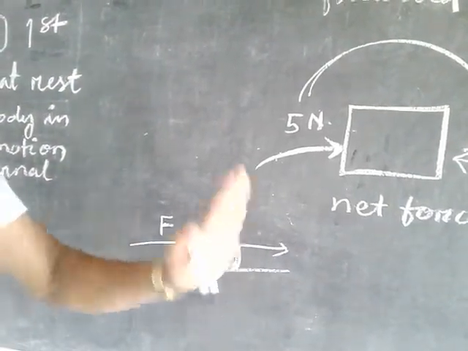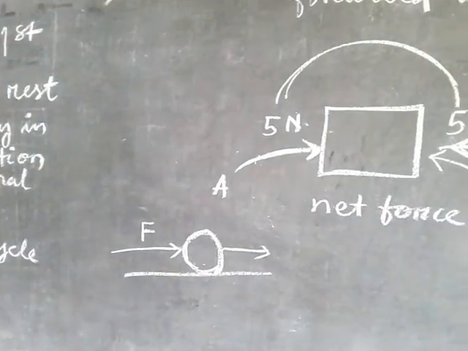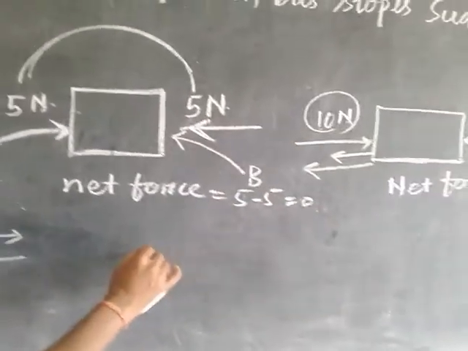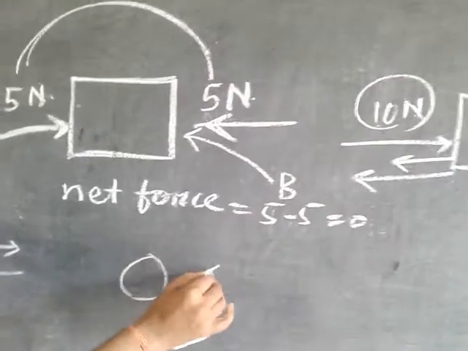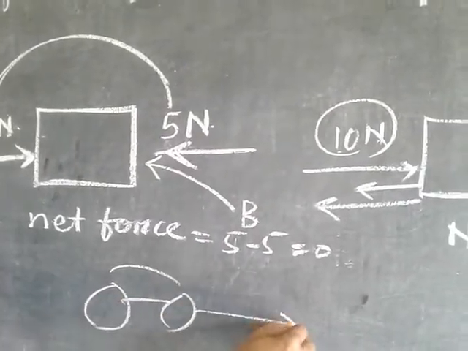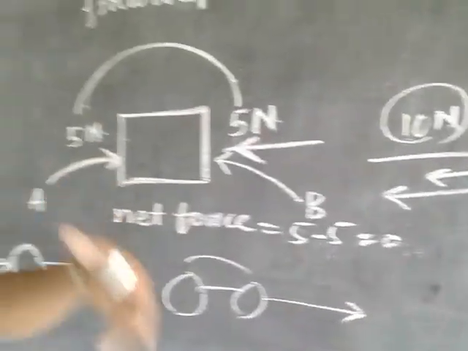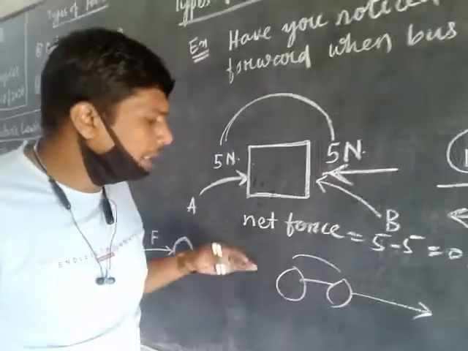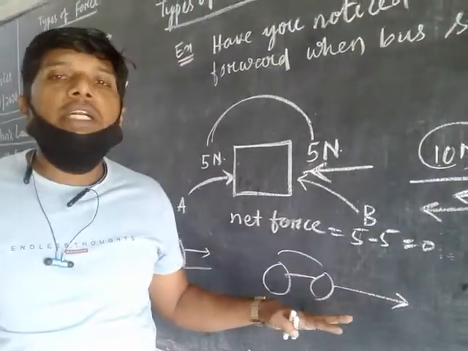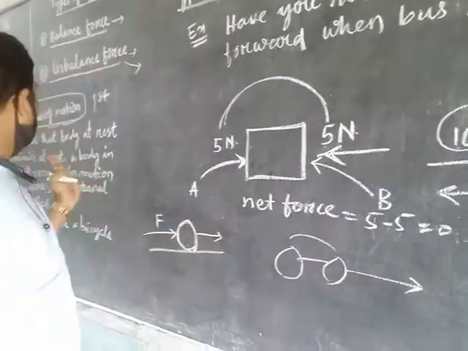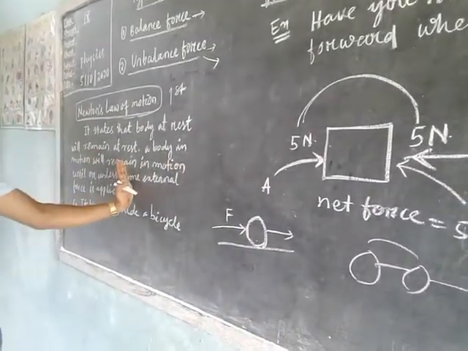Otherwise, it will always remain the same. Suppose a bicycle is running here. Unless we apply the brake, that bicycle will continue its motion. So this is known as Newton's first law.